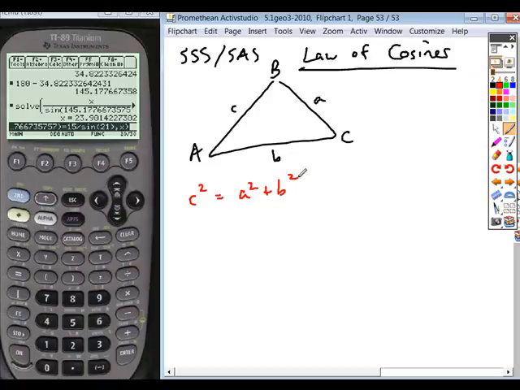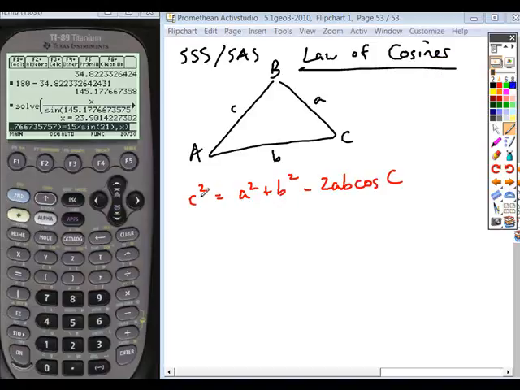So it's based off the Pythagorean theorem with a slight adjustment. And the adjustment is you're going to subtract twice the product of those other two sides times the cosine of the angle opposite this original side.